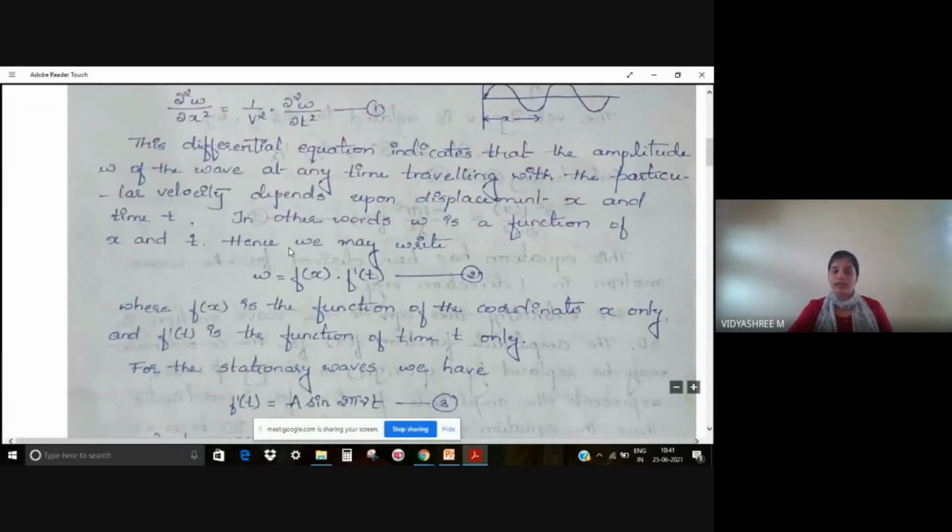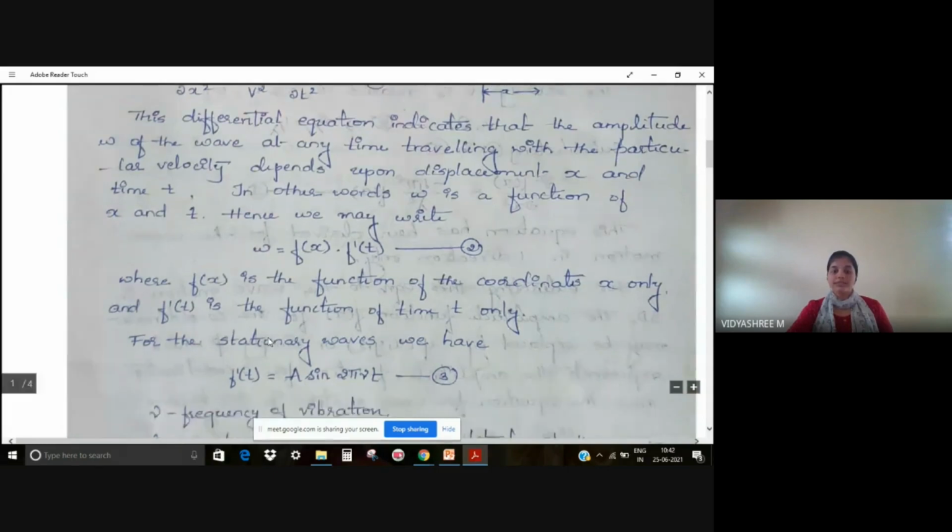Here f of x is a function of the x coordinate only and f dash of t is a function of time only. There is no relationship between f of x and f dash of t; they are independent, for x as well as for time t.